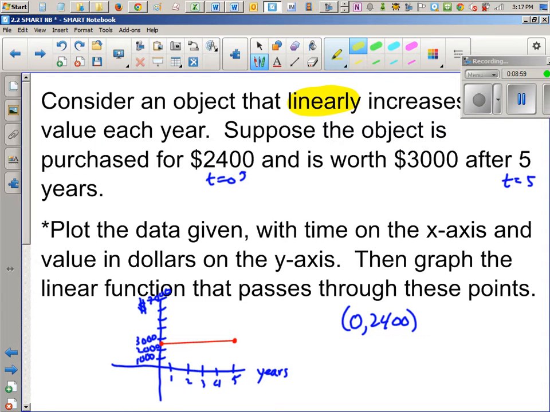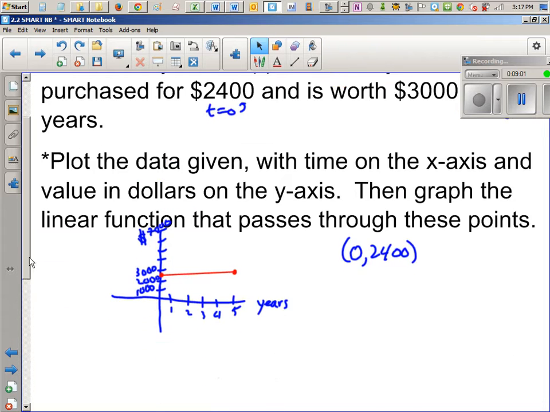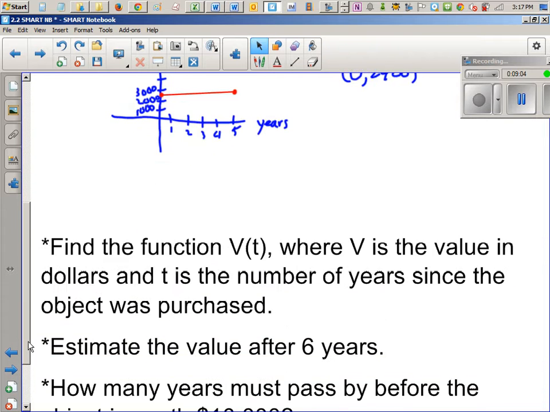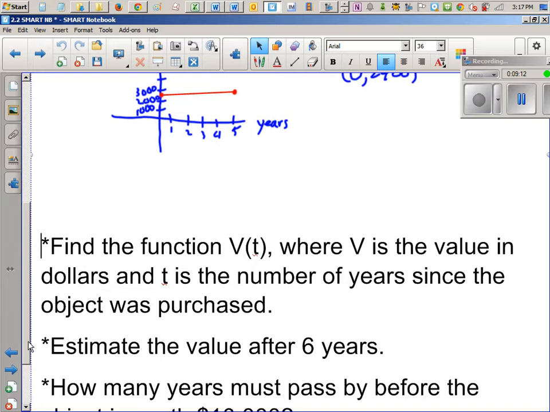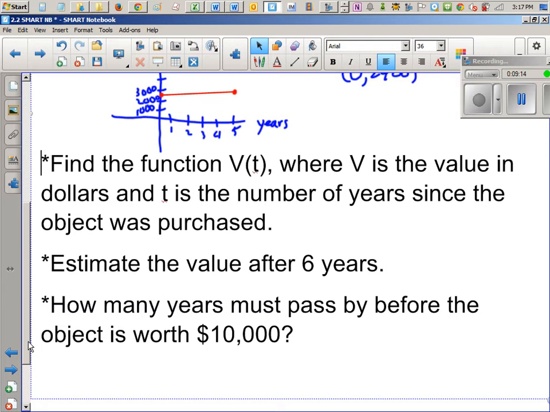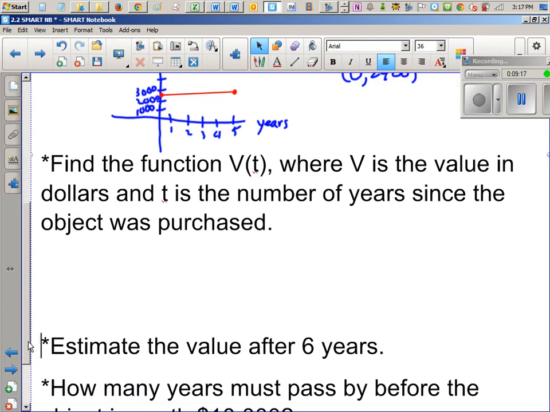Okay, so the next thing we're going to do is find the function v of t, where v is the value in dollars, and t is the number of years since the object was purchased. Okay, so let's get started on that. We can use the idea that y minus y1 is equal to m times x minus x1. We're not really using x and y, we're using t and v of t.